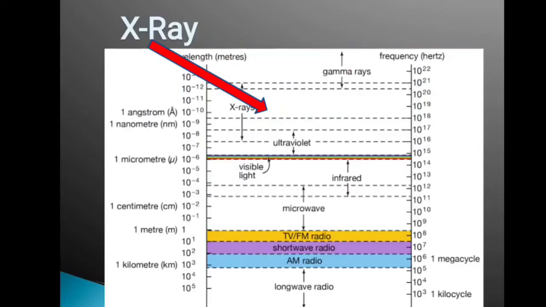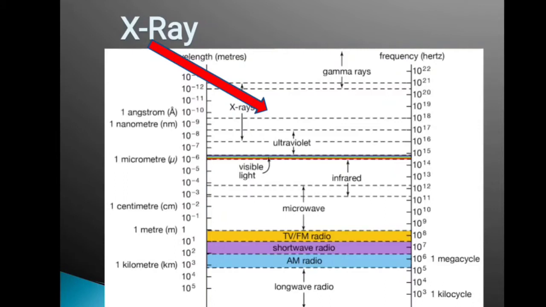This is the chart for different types of wavelength. There are different types of rays: gamma rays, X-rays, ultraviolet, infrared, microwave, and also short wave, long wave. But we are considering only X-rays.